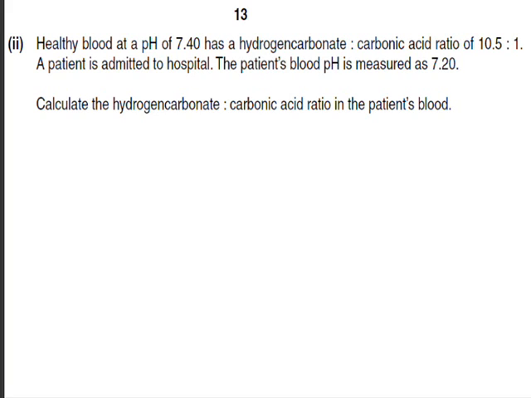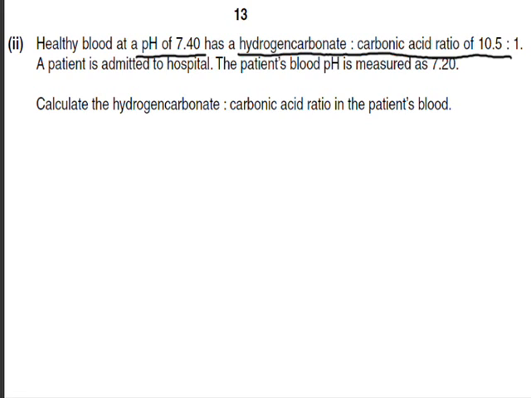Right, if healthy blood has a pH of 7.4 and a hydrogen carbonate to carbonic acid ratio of 10.5 to 1, can we use that information to calculate Ka? Yes, we can. Let's start with the pH of 7.4.